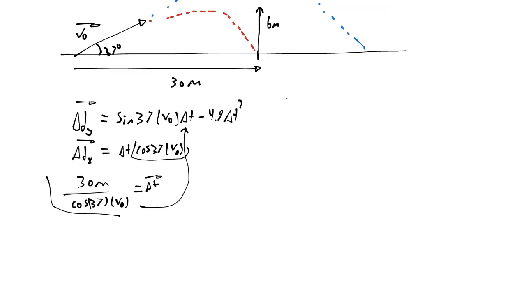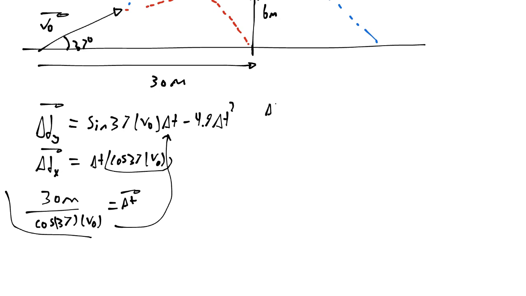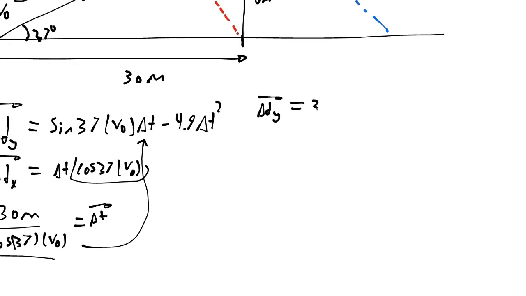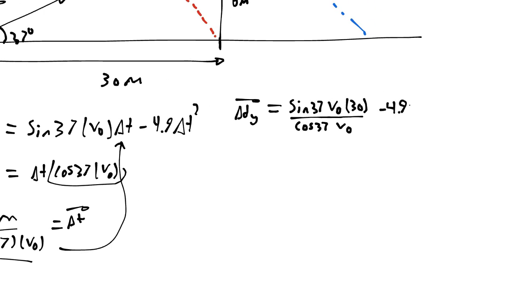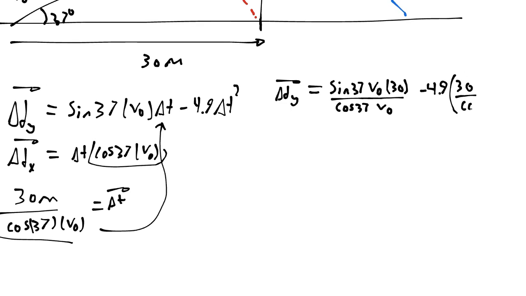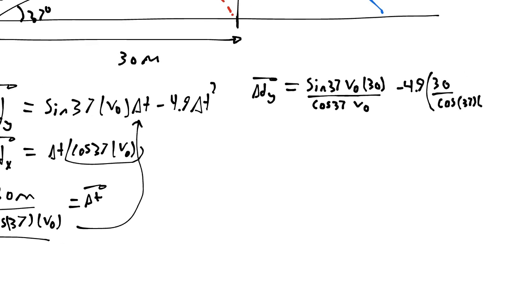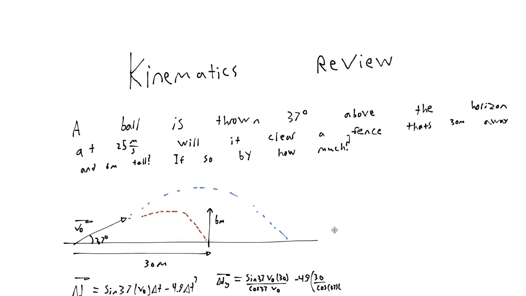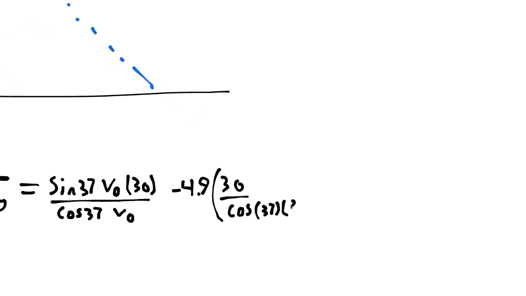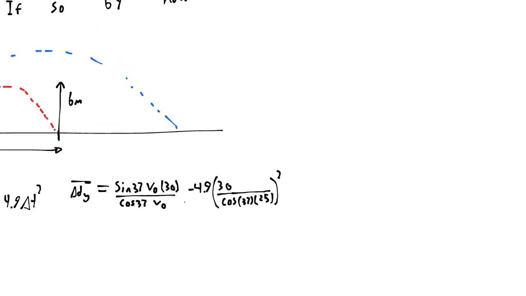It's going to be very messy, so I'll skip ahead and put this in. And v naught is 25 meters a second, so I'll just replace it in here with 25 meters a second. And this is all squared.